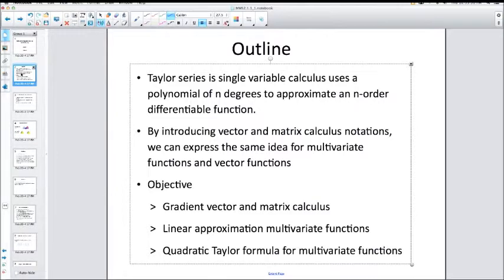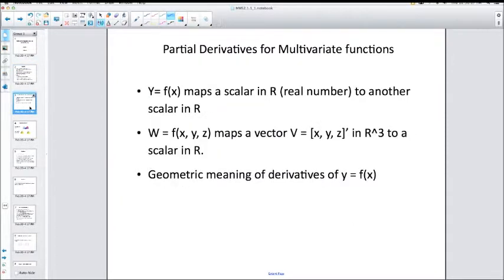Those are all differentiations of a function in a matrix. So don't be intimidated by the complexity of the notation. Remember, the idea is the same as what you learned in single variable calculus.